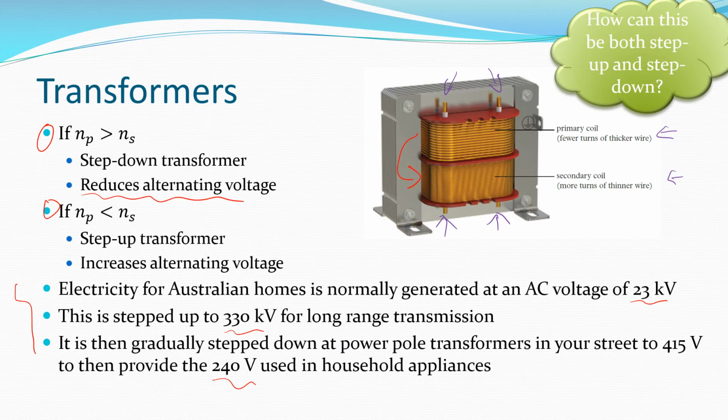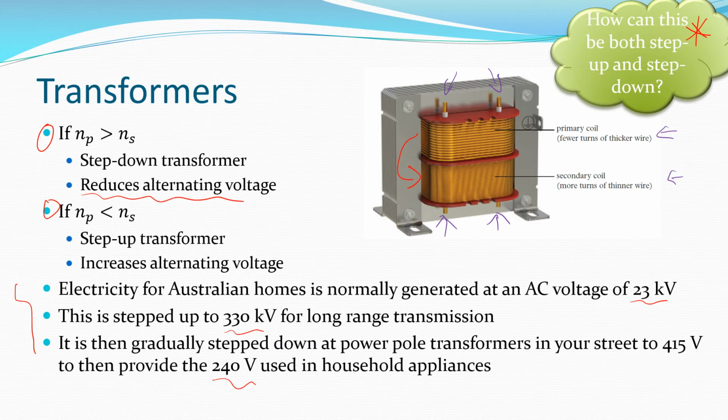So, if we look at our question at the top here, this particular transformer can be used as a step up and a step down transformer. It just depends on which coil you consider to be primary and which coil you consider to be secondary.